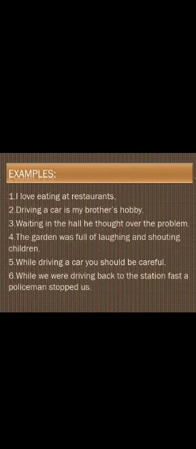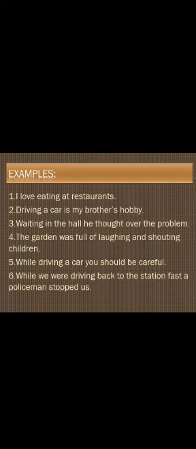Let us see some examples about our rules and identify which of them are gerund and which of them are participle one. The first, I love eating at restaurants.